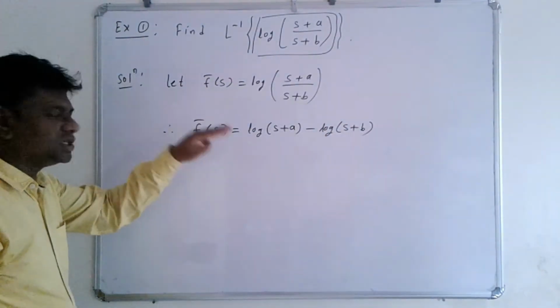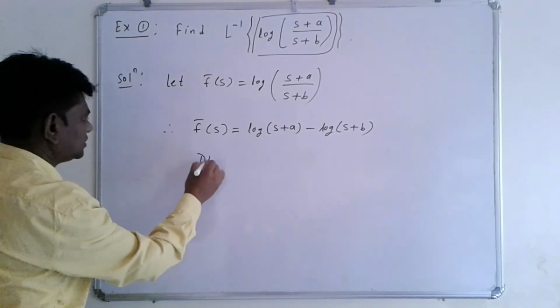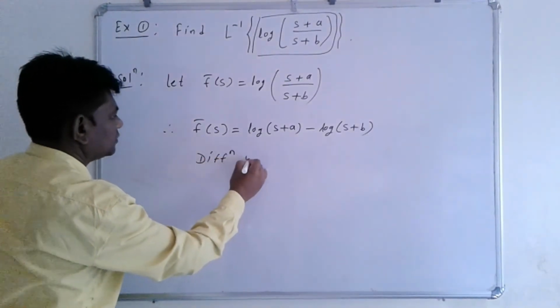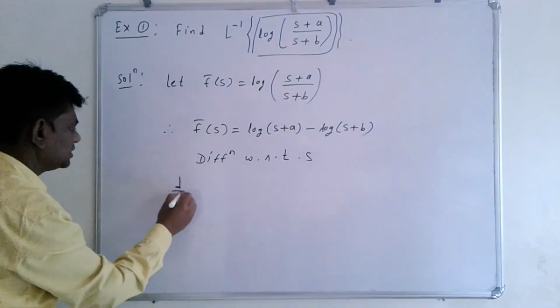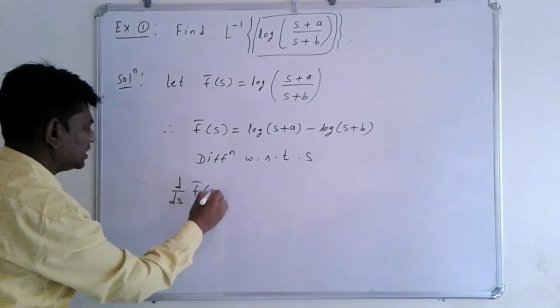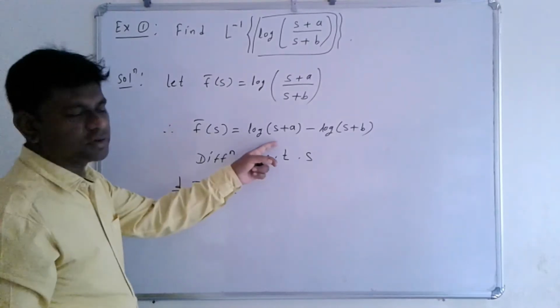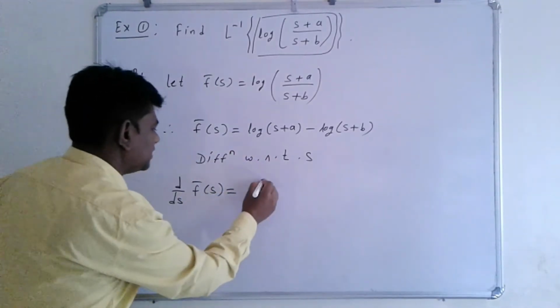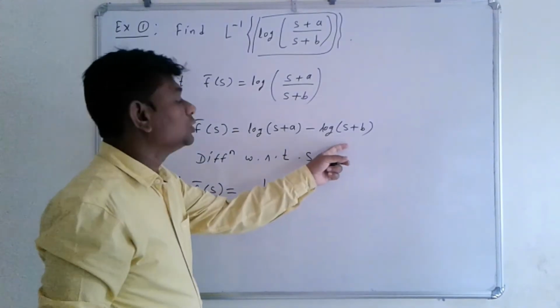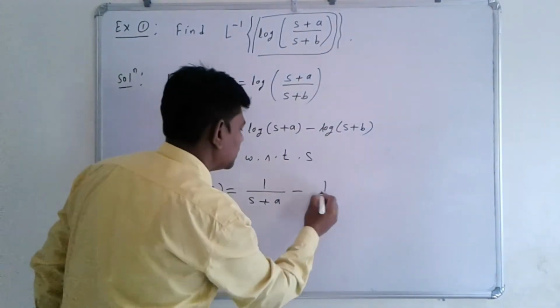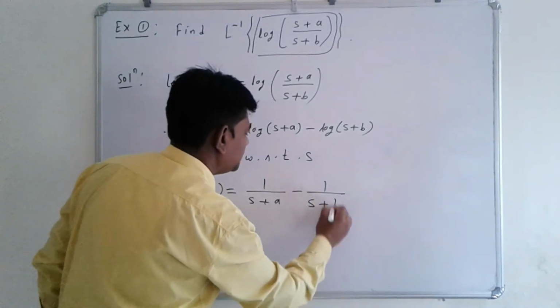Now differentiating this with respect to s, the derivative of f bar s, d by ds f bar s, is equal to derivative of log of s plus a, answer is 1 upon s plus a, minus derivative of log of s plus b, the answer is 1 upon s plus b.